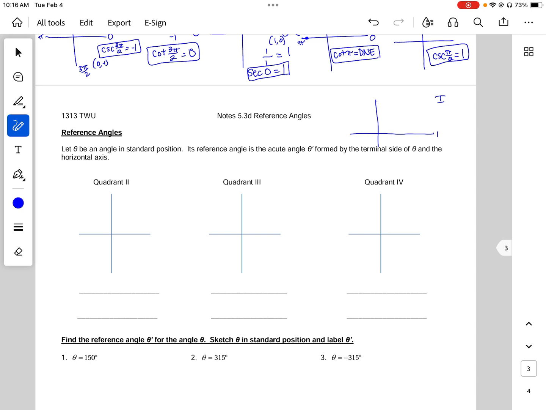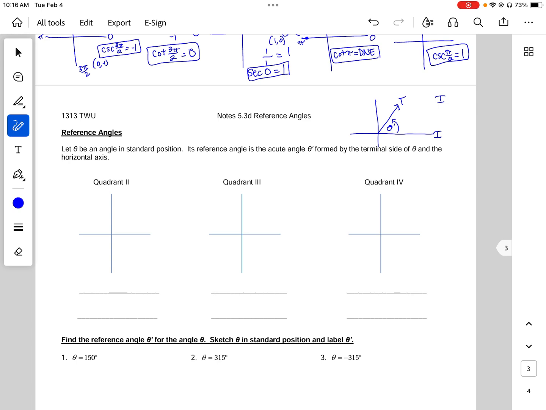And we know that this is our initial side, and then this is our terminal side, and it goes like this. That is our angle, that is theta. Okay, so we need to find the acute angle formed by the terminal side, so we're going to call this theta prime.